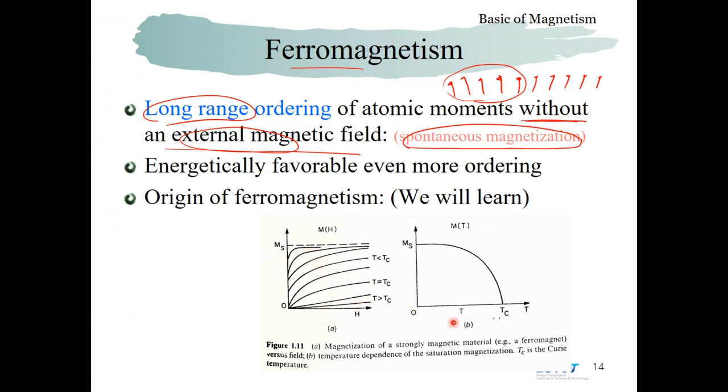If you plot this magnetic moment as a function of temperature, it has a certain value and decreases, finally going to zero at a certain temperature. That's the Curie temperature. That's the very typical behavior of ferromagnetism, and this non-zero magnetic moment at finite temperature is the necessary condition for ferromagnetism.